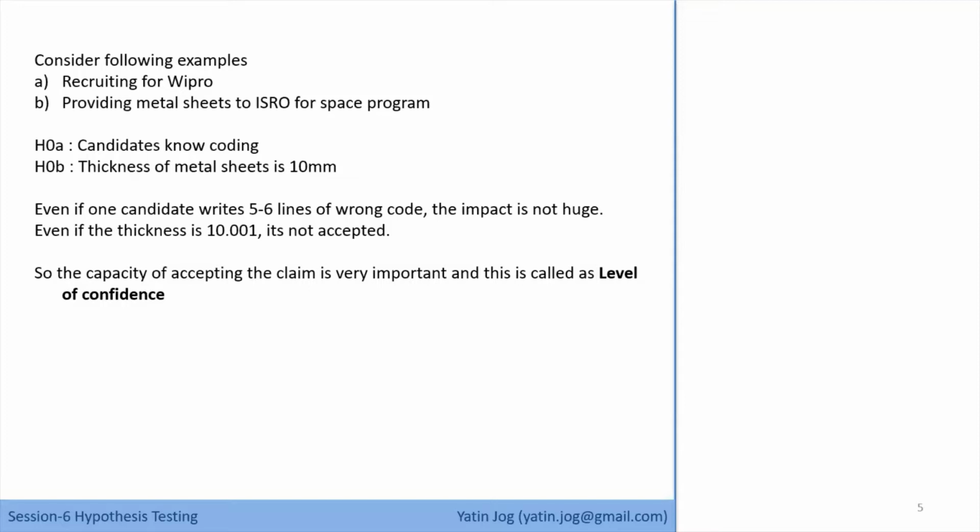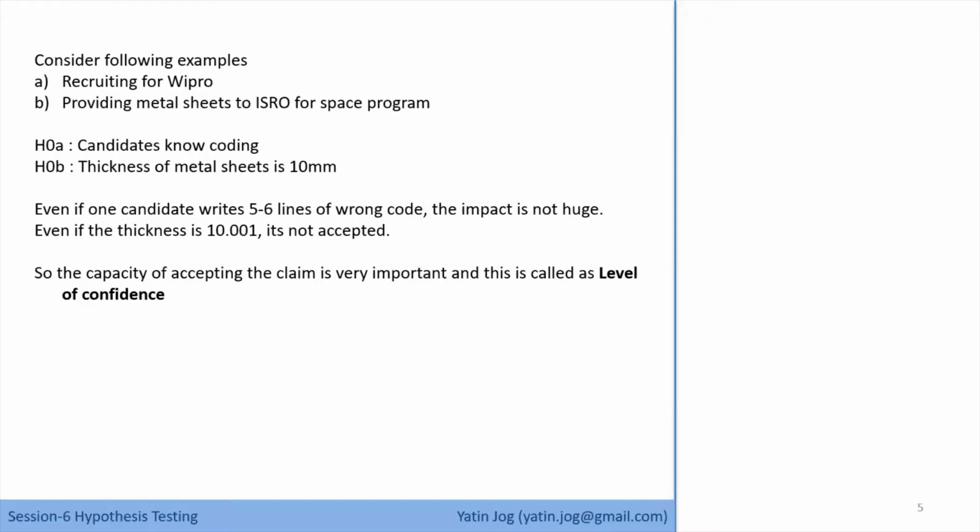But in the second scenario, the thickness of the metal sheet is 10 mm. That is my null hypothesis. Even if the supplier gives a metal sheet with a thickness of 10.000001, even that much deviation is not accepted, because it is for the space program of ISRO. That deviation on Earth may result in something drastic in space.